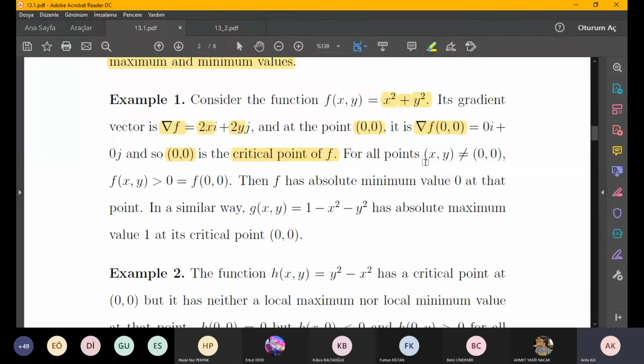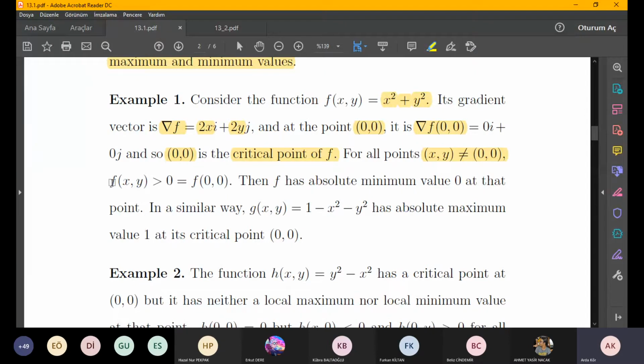For the rest of the points, which are the non-zero points of the domain, since the function is x squared plus y squared, those two values will always be positive because you have the power 2 for both.